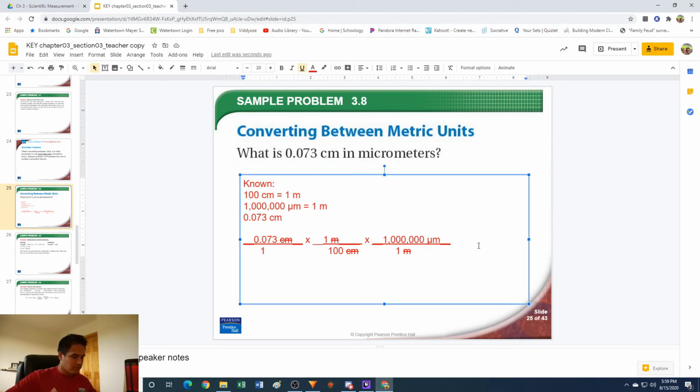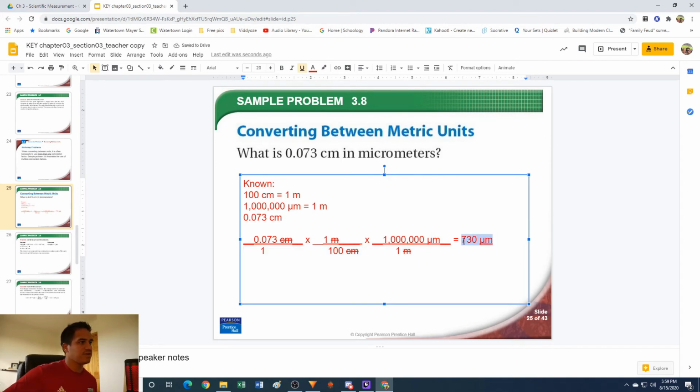Okay? So if we do this math out on a calculator, let's see what we're going to get. We take 0.073, divide by 100, times 1 million, and I get 730 micrometers.